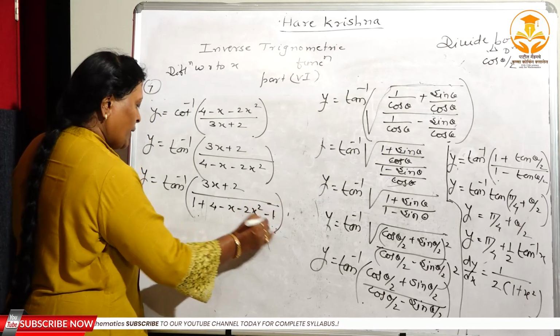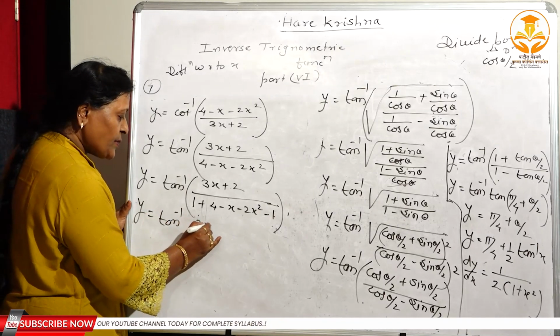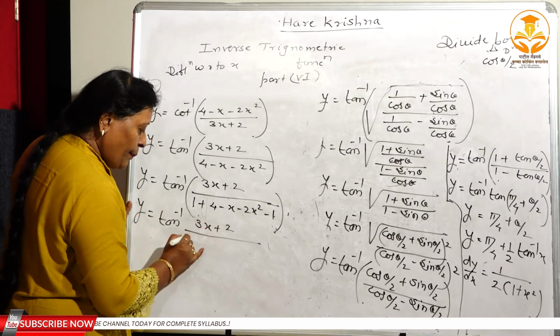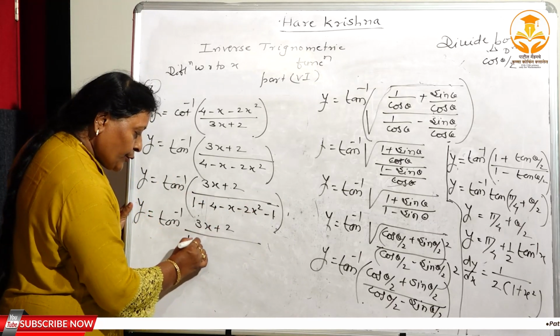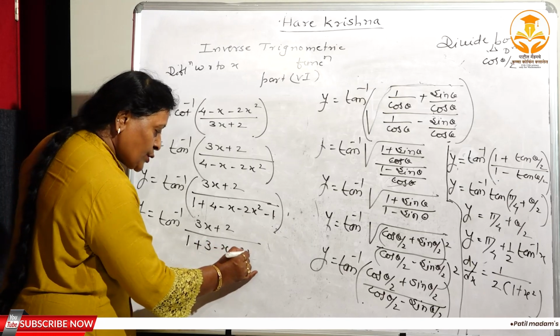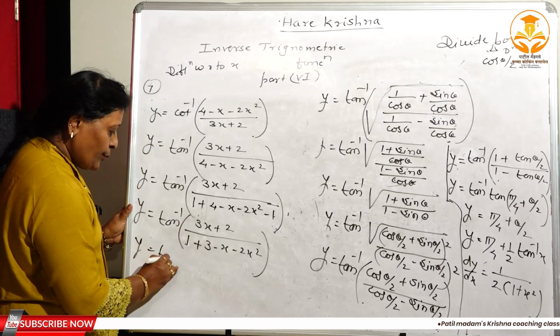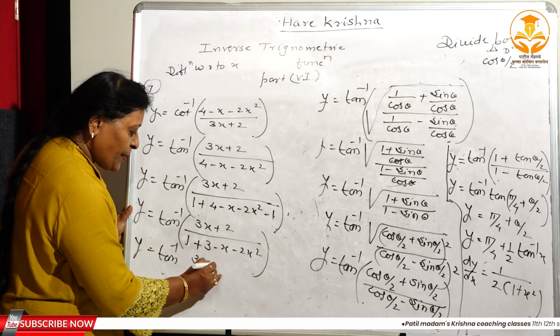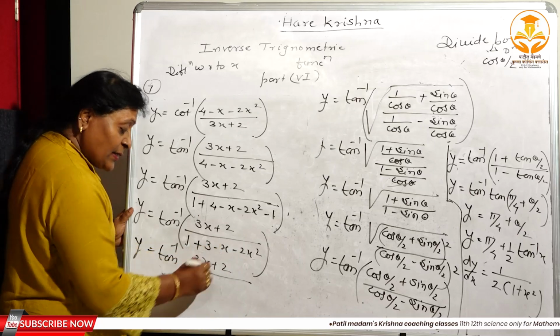Now again, y is equal to tan inverse of 3x plus 2, 1 should remain as it is. Again 4 minus 1, that is 3. Therefore 3 minus x minus 2x square, right? Again to find the factor, see what you have to do. This is 3x plus 2. Now 1 should remain as it is. Now you can take the minus sign common.